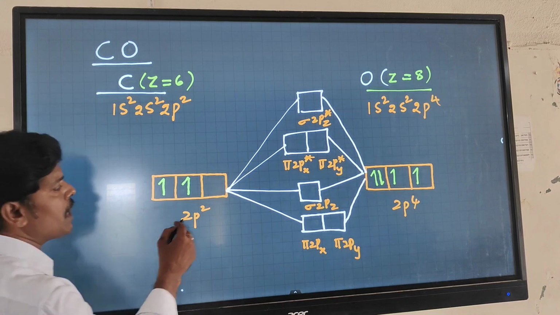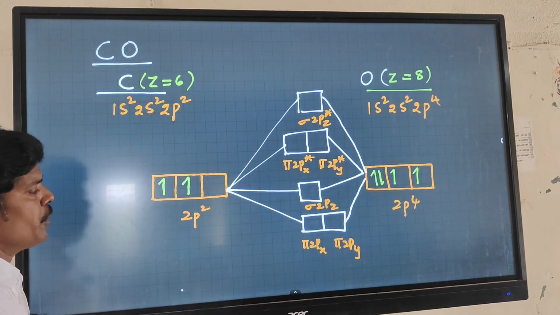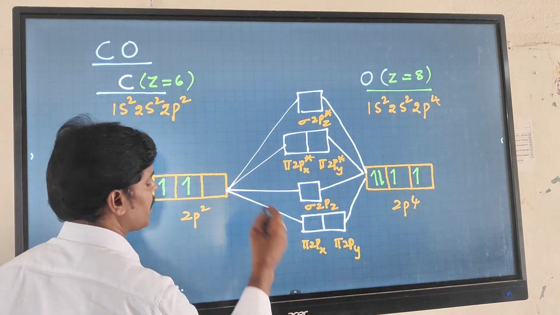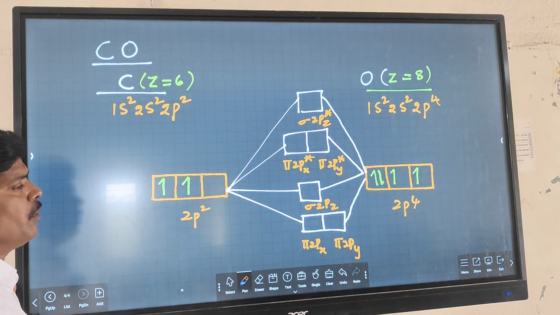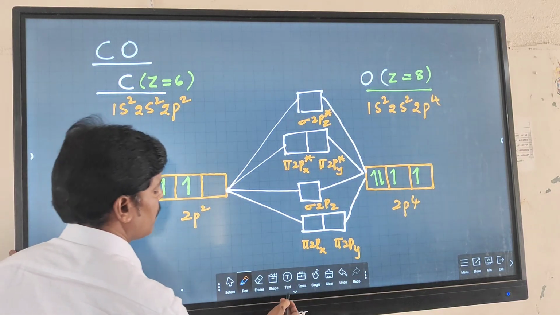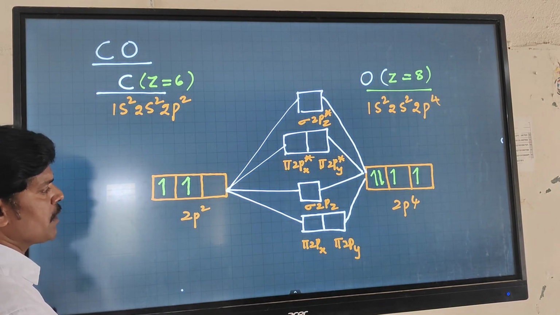Here we have 2 plus 4, 6 electrons. Now distribute the 6 electrons in molecular orbitals with the use of Hund's rule, Aufbau principle and Pauli's exclusion principle.